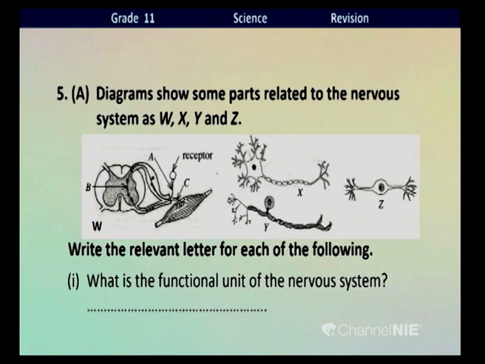You know what the reflex arc is, right? Before we talk about the reflex arc, just try to remind reflex actions that we have learned. What is a reflex action? Reflex action is an autonomic, quick response to a certain stimulus.